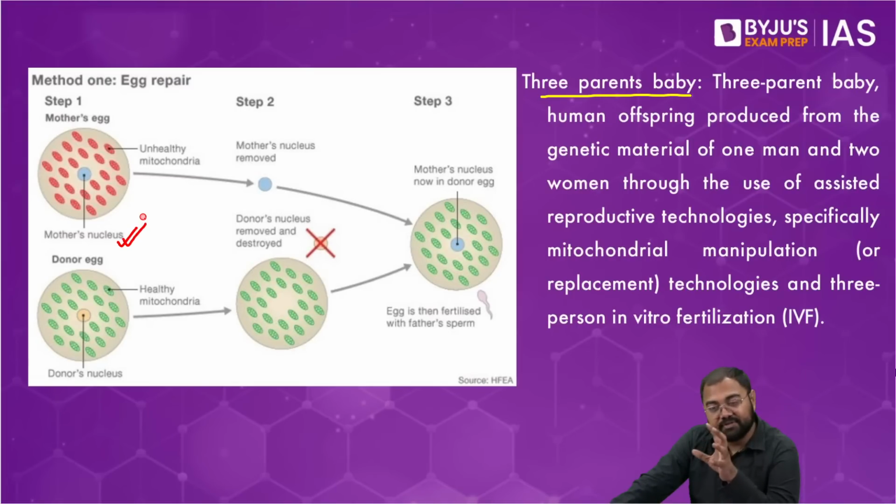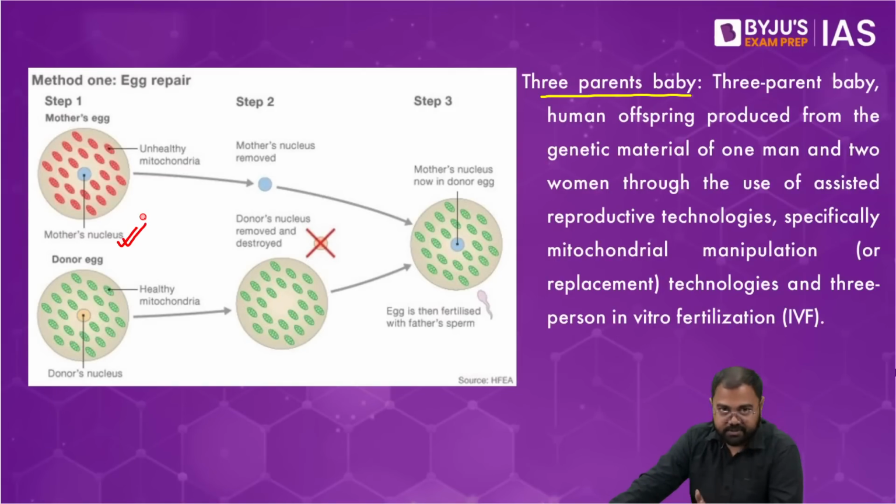Because it will remain restricted to the father. It will never be transferred to the child. But in case of mother's mitochondria will be transferred to the child. So if the mother has unhealthy mitochondria or diseased mitochondria, the same diseased mitochondria will also be transferred to the child. All right. So that is why this kind of a method will be helpful when mother's mitochondria are diseased.